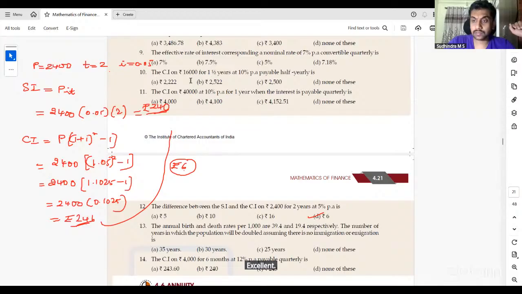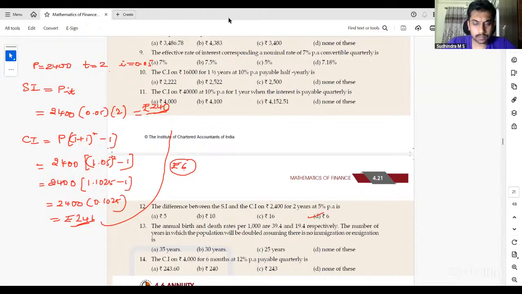Excellent. Agastya, correct. Dhanush, correct. Lahari, correct.